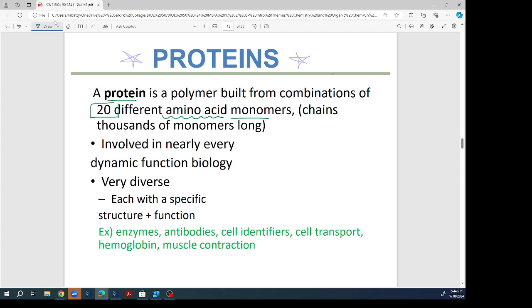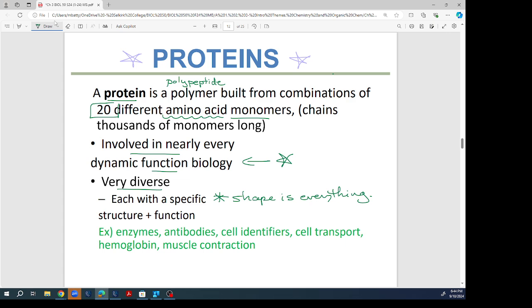So the polymer is a polypeptide. I'm going to kind of plant that here, but it's also on the next slide. It's involved in nearly every dynamic function. That's why it's your default answer. And they're super diverse, and shape is everything when it comes to proteins. There are so many functions and so many different kinds of proteins.